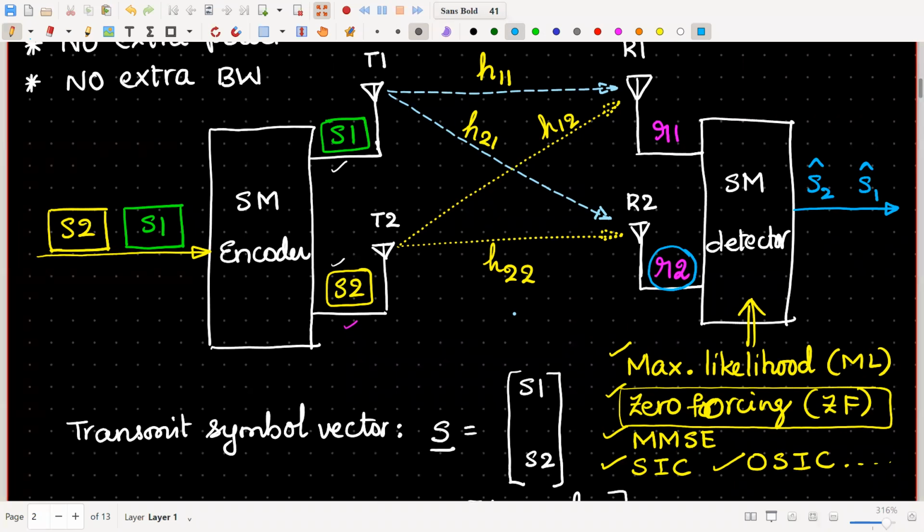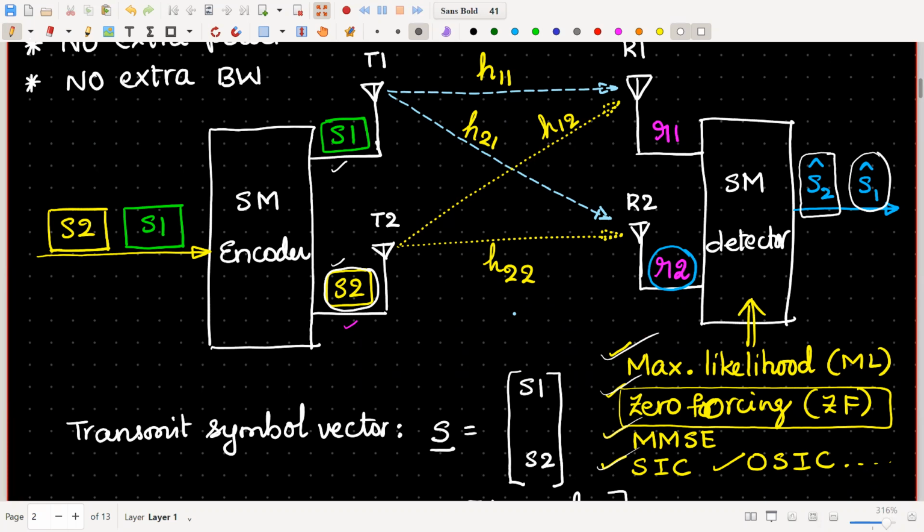Now we have to see to it that the error between the estimate S2 cap and S2 should be as low as possible. Similarly, the error between S1 cap and S1 should be as low as possible, and that depends upon the method you use, like maximum likelihood, zero forcing, MMSE, SIC, and so on.